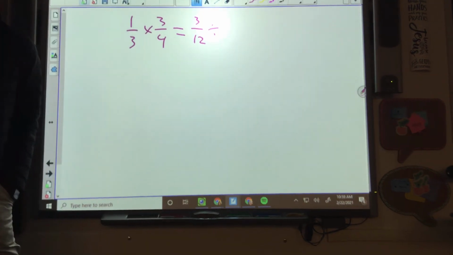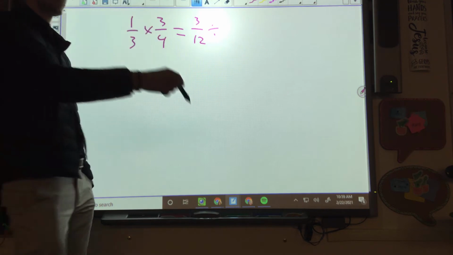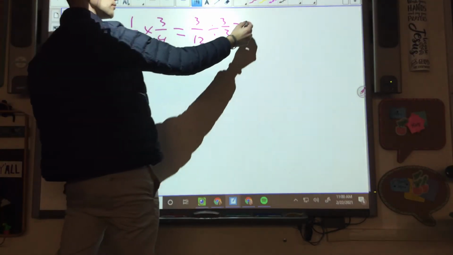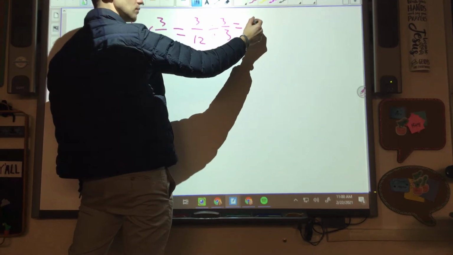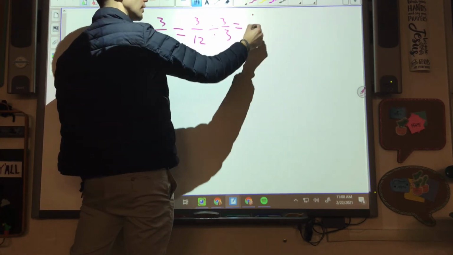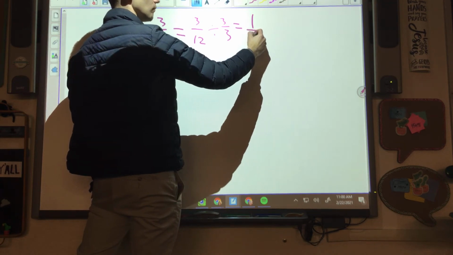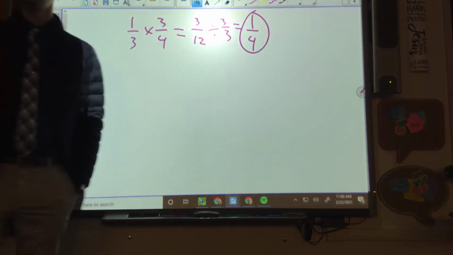What number goes into both 3 and 12? 3. Yep. 3 divided by 3 is? 1, and 12 divided by 3 is? 4, done.